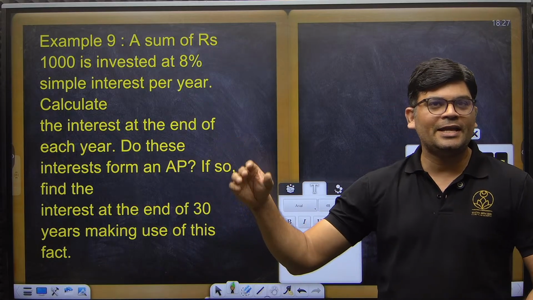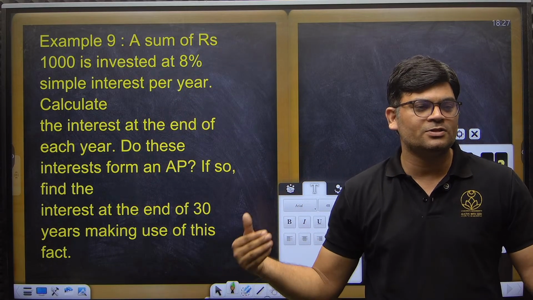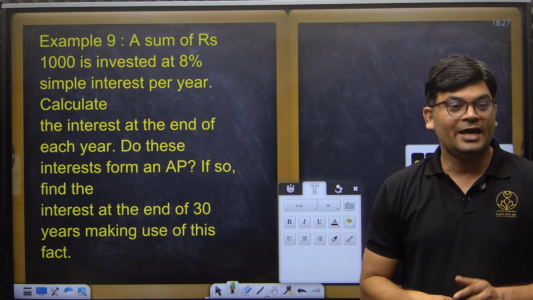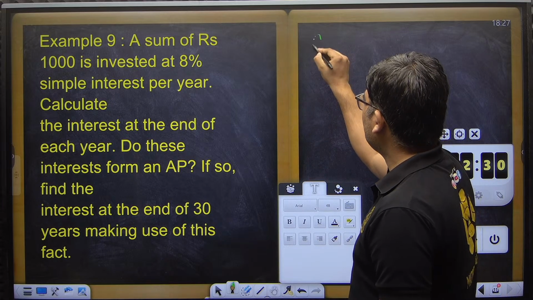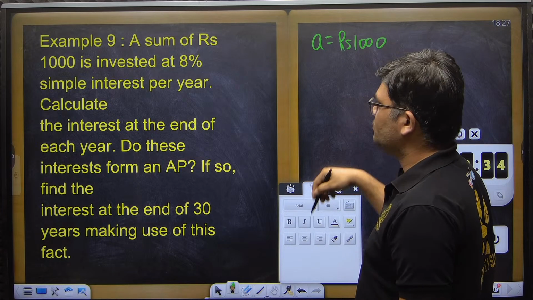So can you tell me what is given in the first part of this sentence? If I say a sum of rupees 1000 is invested, what is given to us? What can I draw as information? A. That is the first term of the AP. A is how much? Rupees 1000.